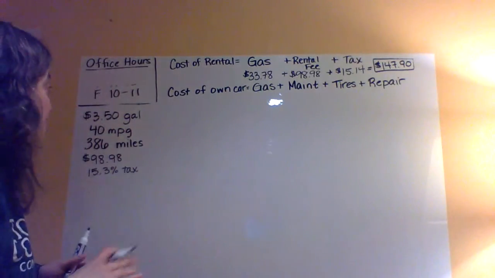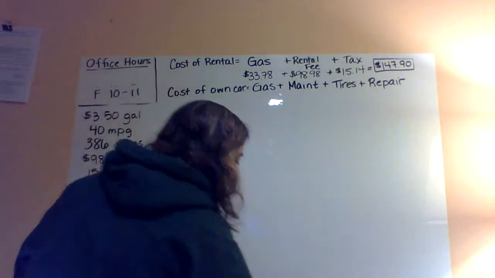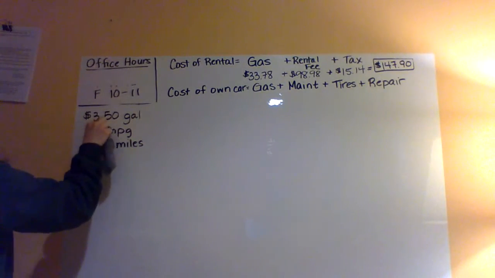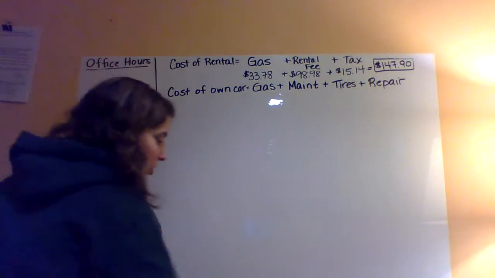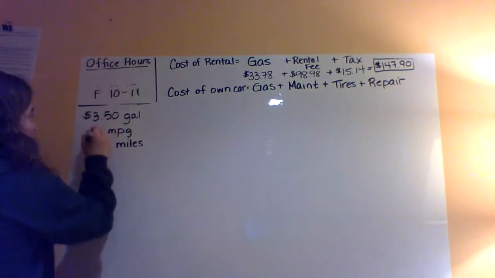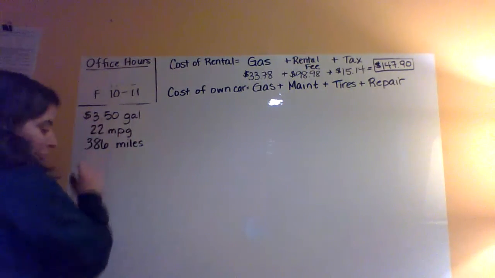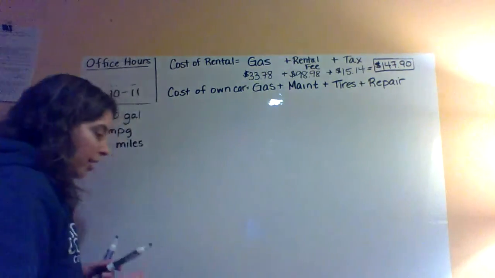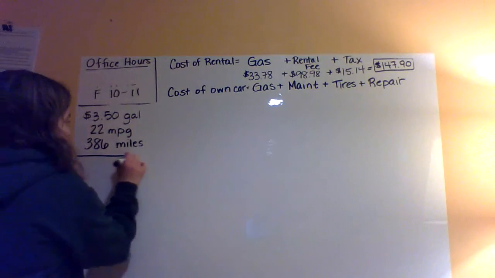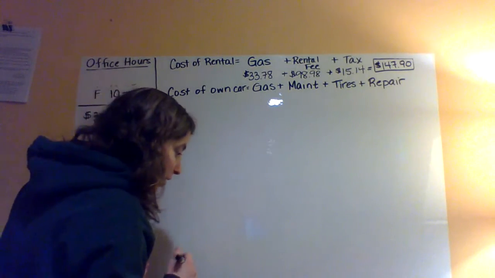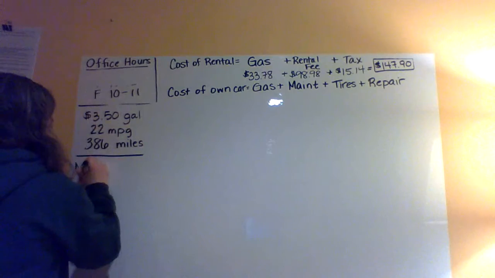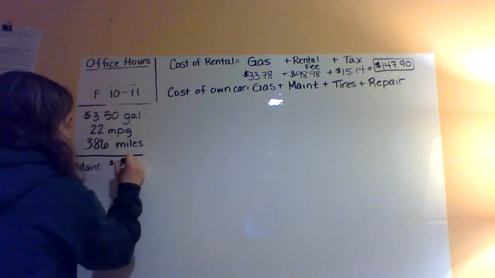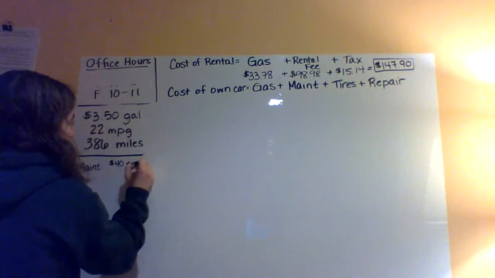Okay, so some of the stuff over here is the same as last time. This is going to be 22 miles per gallon now for her car. Same trip, same price of gas, and then for the other information, we don't have the fee or the tax. We know that the maintenance costs for oil and fluid is $40 every 3,000 miles.